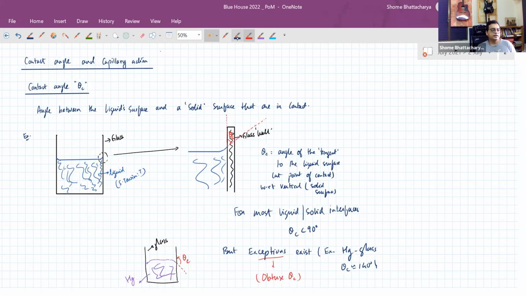Now this contact angle situation occurs in the first place because of cohesive and adhesive forces, the way they act. The liquid molecules at the surface near the point of contact experience adhesive forces like this and cohesive forces like this.